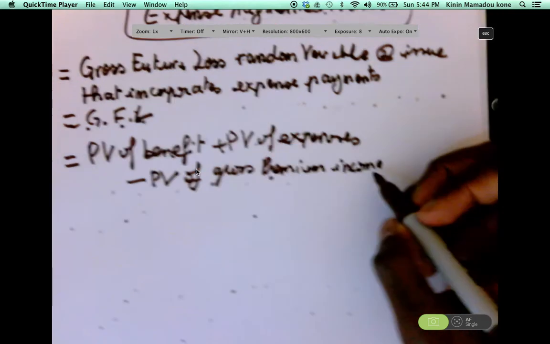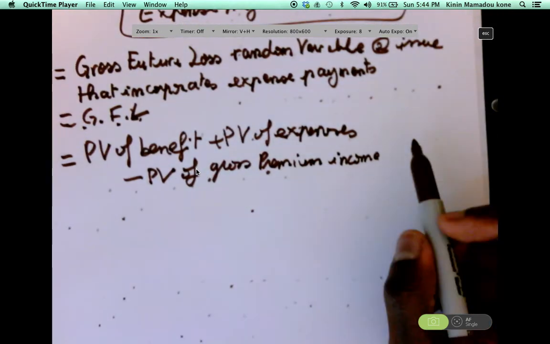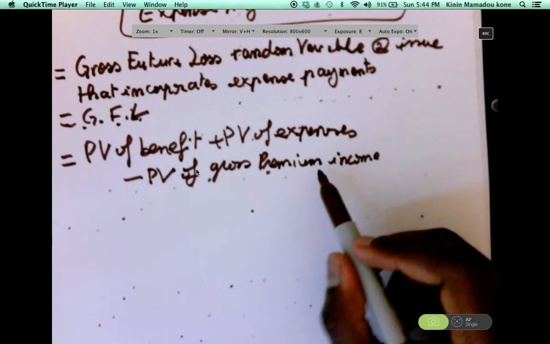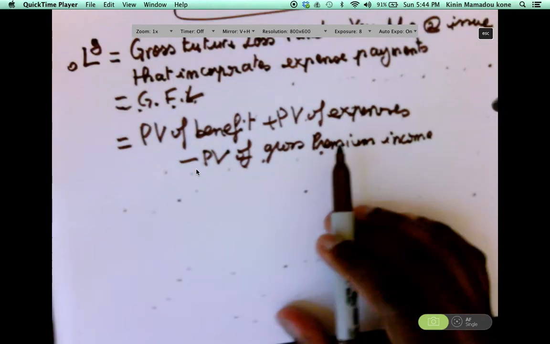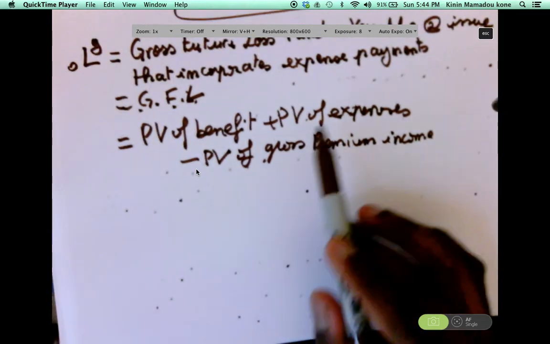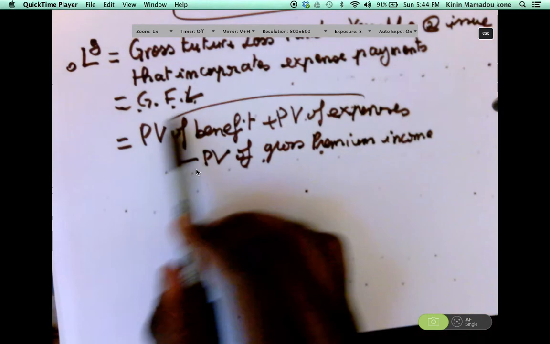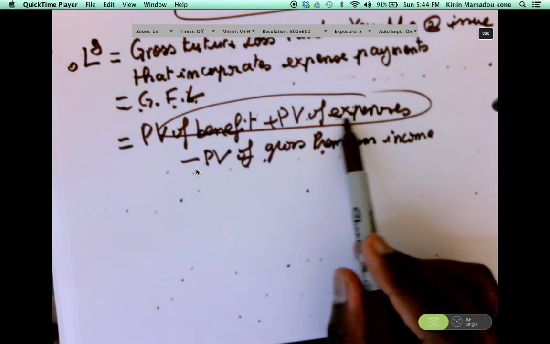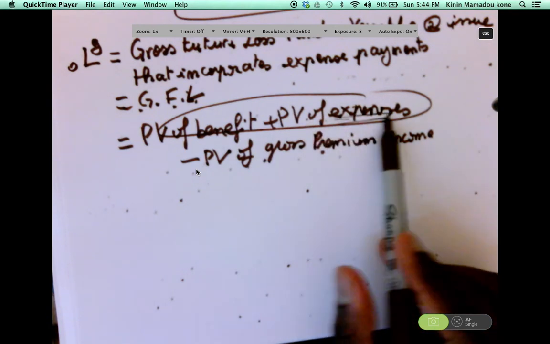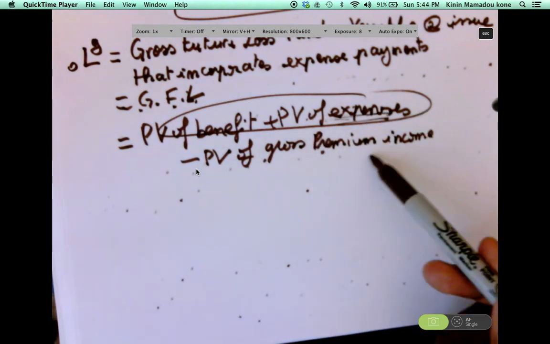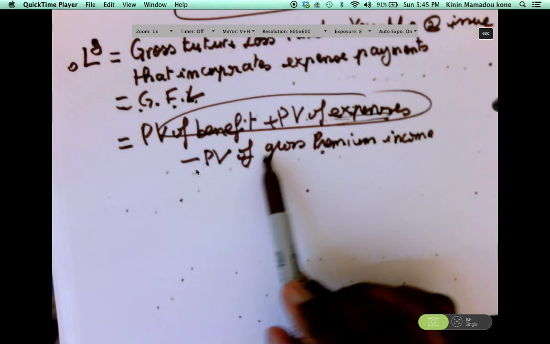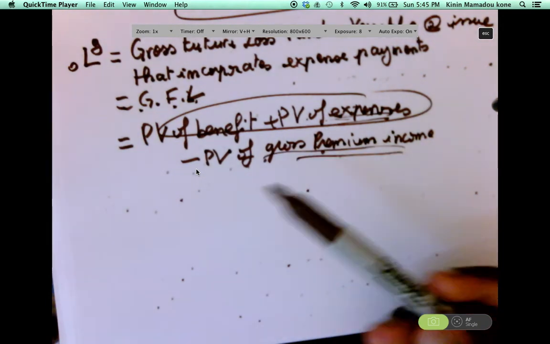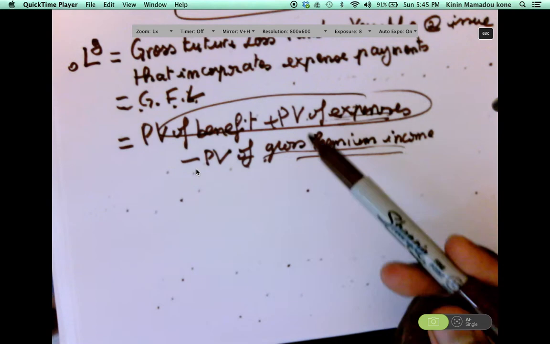So everything that you spend minus everything that you earn. So this is everything that you spend. You might spend a benefit. You're going to spend a lot of money on the expense. Minus present value of premium income, that's what the people are paying to you. So that's what that random variable represents.